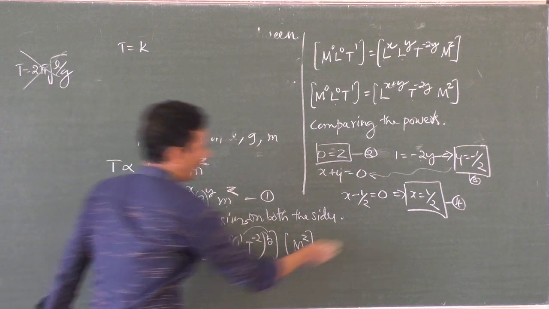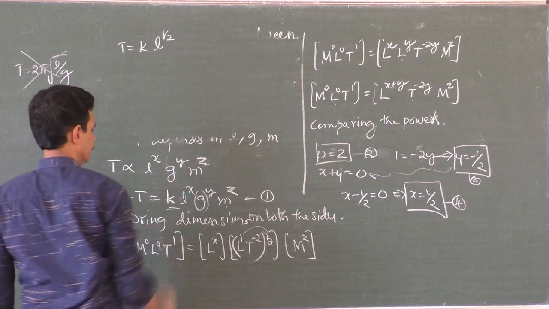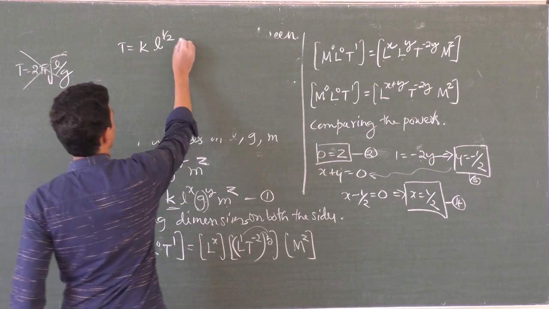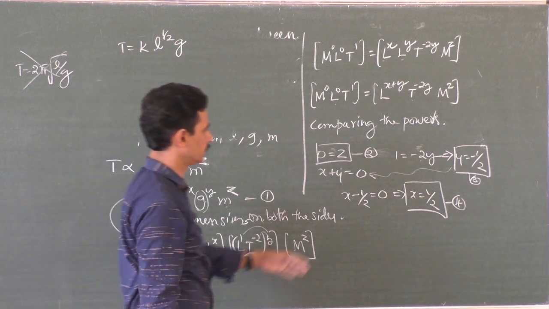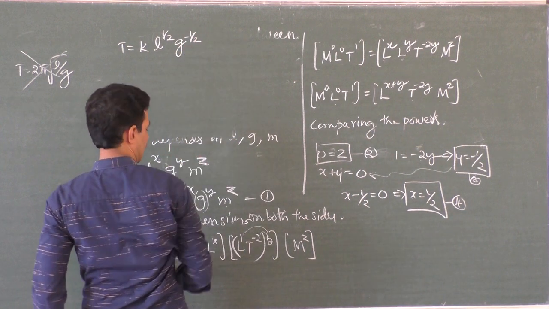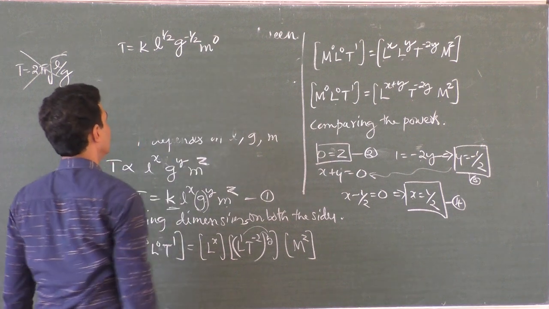How much is x? Half, right? L to the power half, g to the power y. How much is y? y equal to minus half, g to the power minus half, and m to the power z, m to the power 0. Mass has no work here.